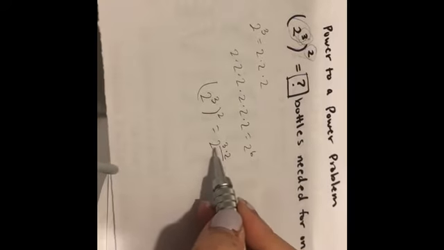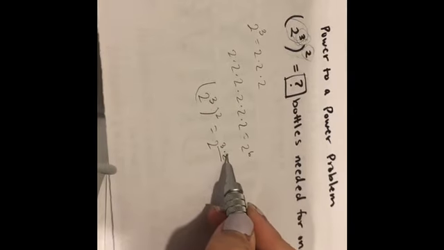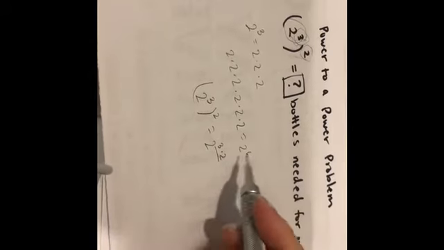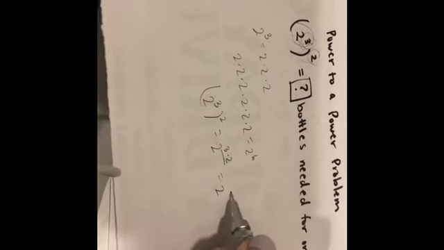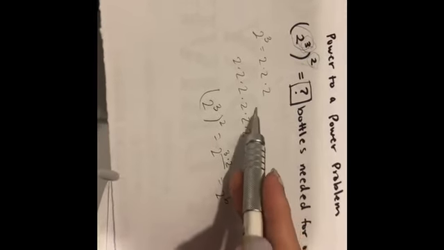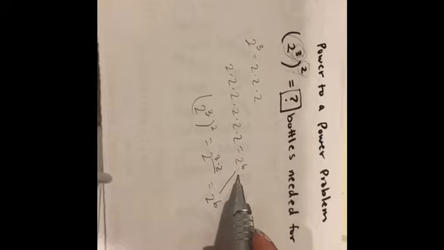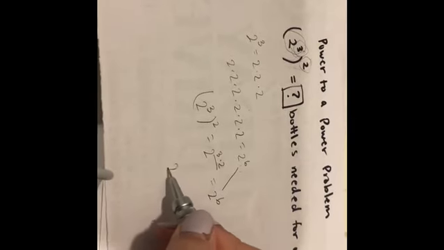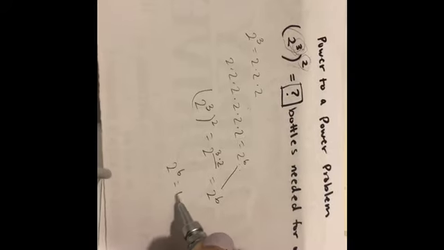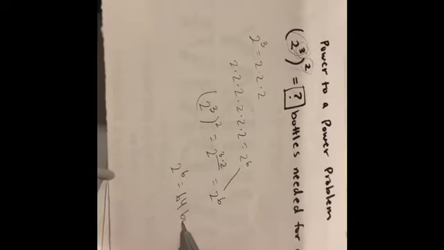So 2 to the power of 3 times the power of 2 that was on the outside of the parentheses equals 2 to the power of 6, which is the same thing as what we got here when we explained how to get 2 to the power of 6. So 2 to the power of 6 equals 64 bottles.